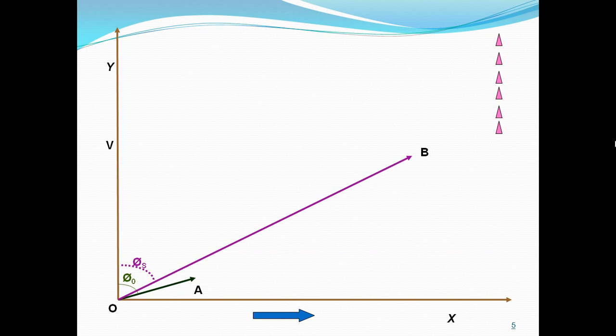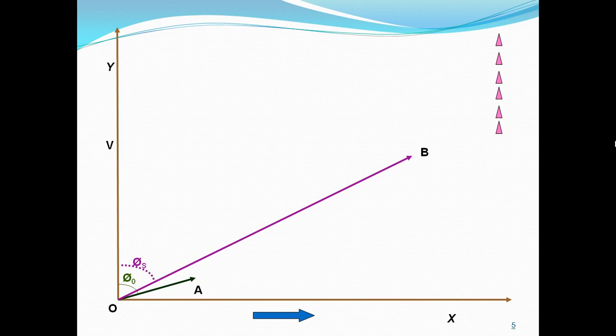So next we have to calculate cos phi s. So cos phi s is equal to Ws by Vs Is.